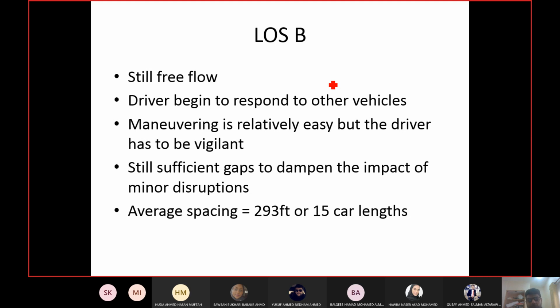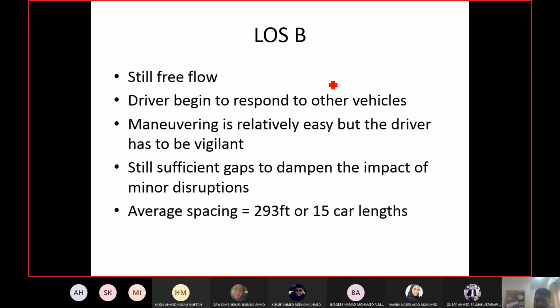They are closer to you, so you start to become more vigilant and more careful in your driving. Maneuvering is easy, your speed is still high, but the spacing has reduced. So now you are more vigilant.